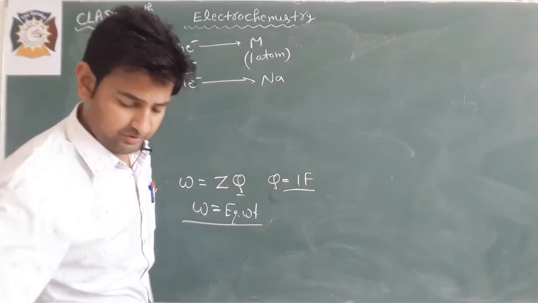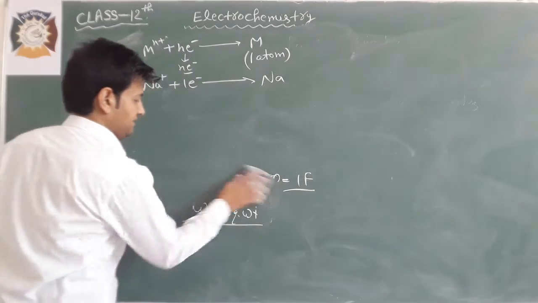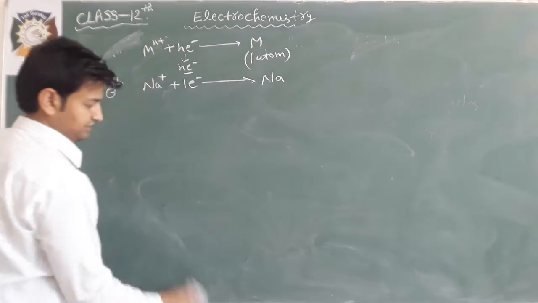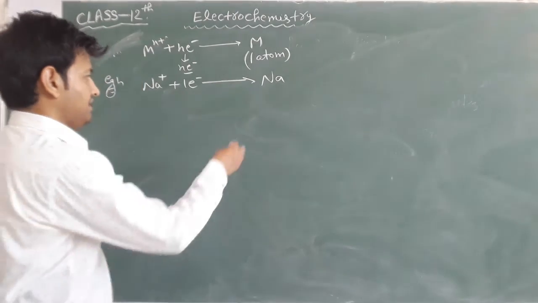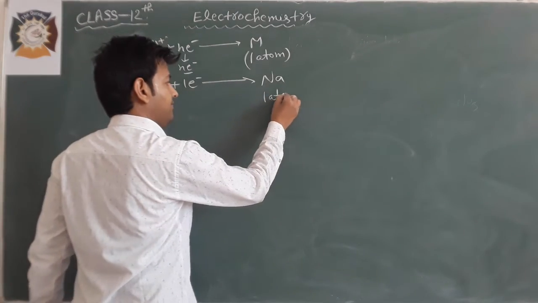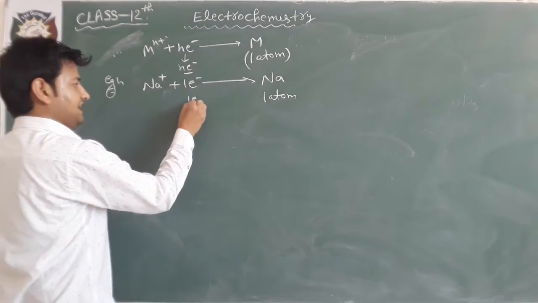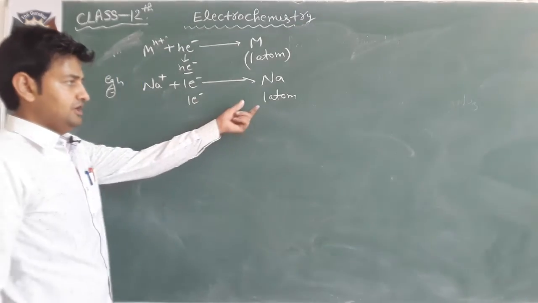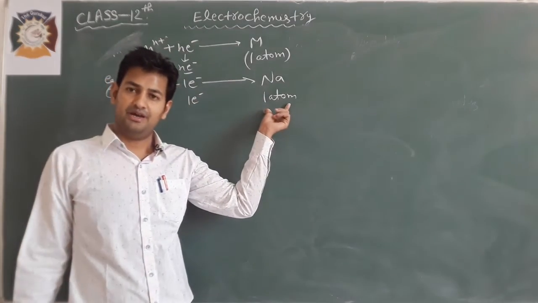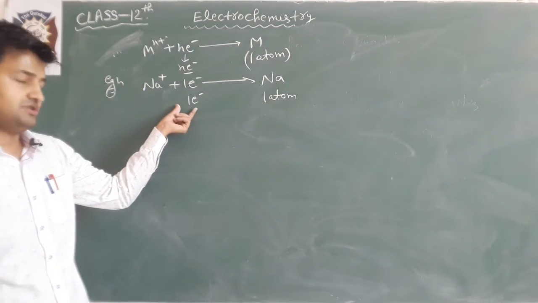So for the deposition of one atom of sodium, 1 electron is required. If we have to deposit 2 atoms of sodium, then 2 electrons are required.